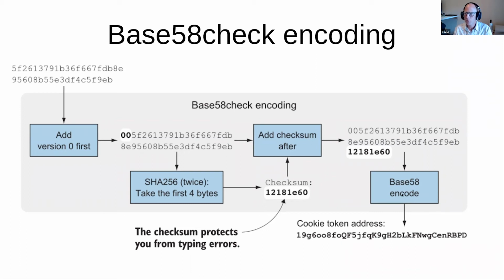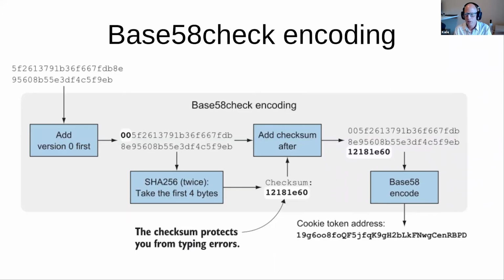And then you use something called base 58 encoding to encode this data here to get the cookie token address. Base 58 encoding, you can think of it as base 64 encoding, but with fewer characters. Instead of 64 characters, you have 58 characters. But it works slightly differently, I guess. But that's the way you can think about it.